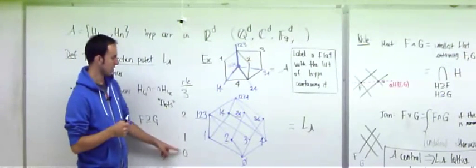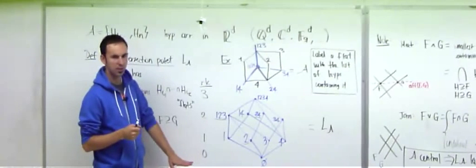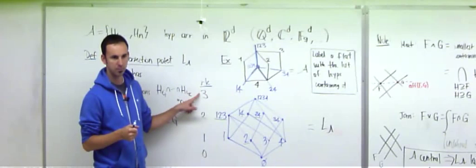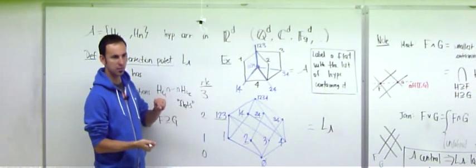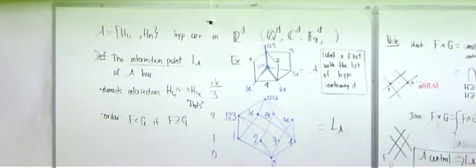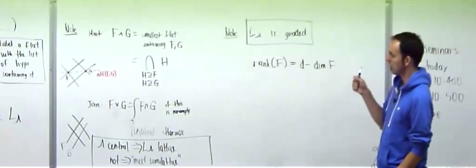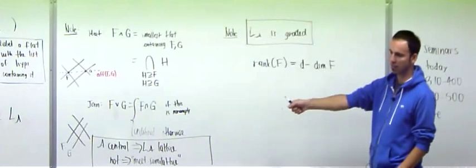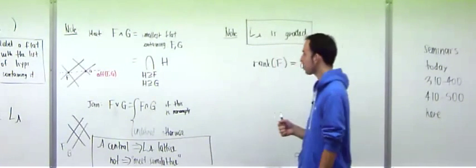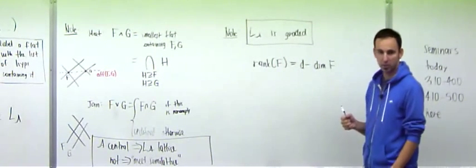So what is the rank of a flat? Well, basically here you have three-dimensional things. Here you have planes, here you have lines, and here you have points. So the rank is the codimension. Or in other words, d minus the dimension. Okay. So it's a graded poset, which is a lattice if the arrangement is central. Okay. Does that sound good? Any questions about that?